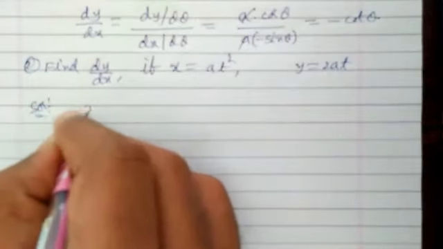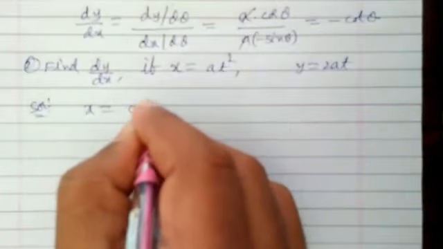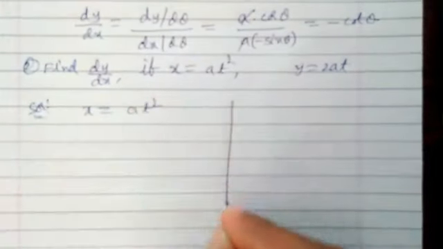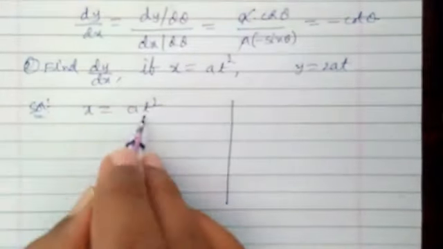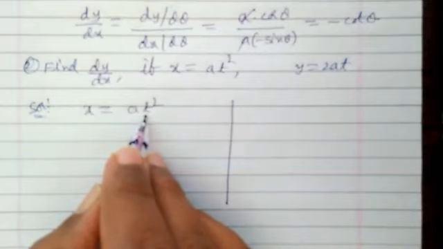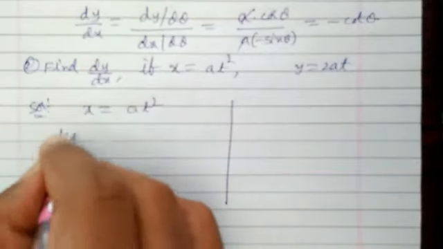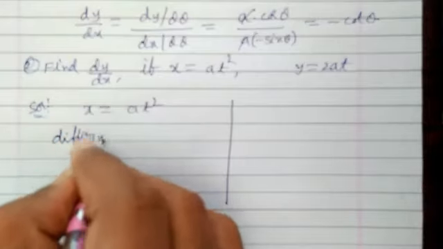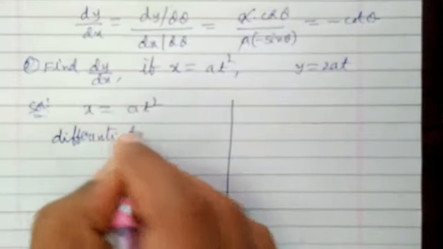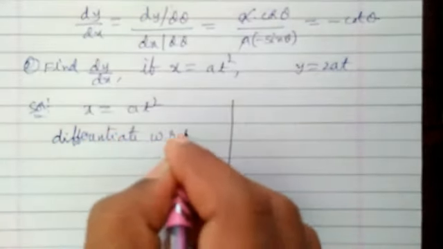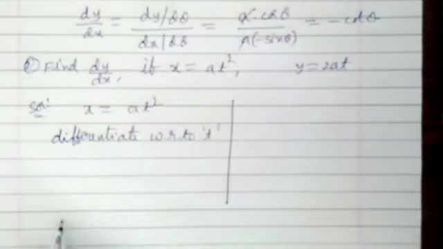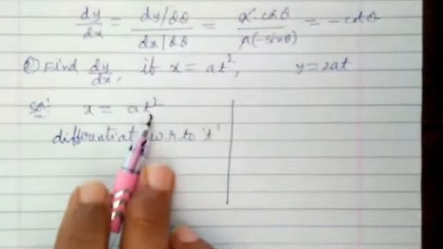Solution: first consider x is equal to a t square. Here the variable is t, so now differentiate with respect to t. Here the independent variable is t.